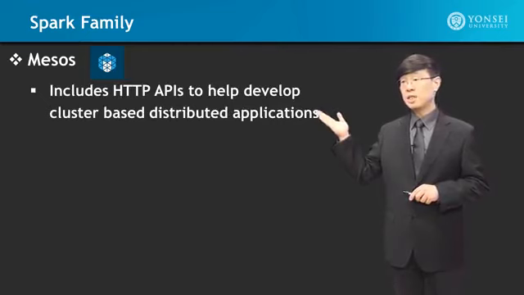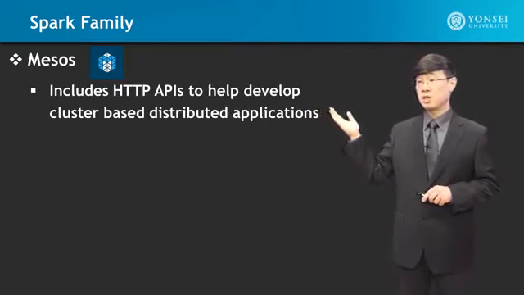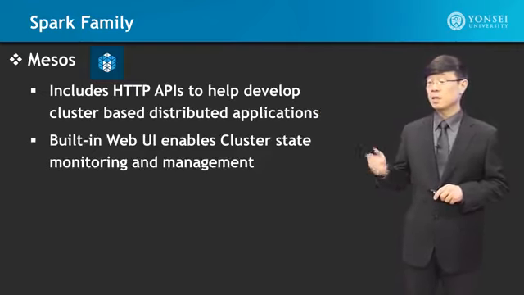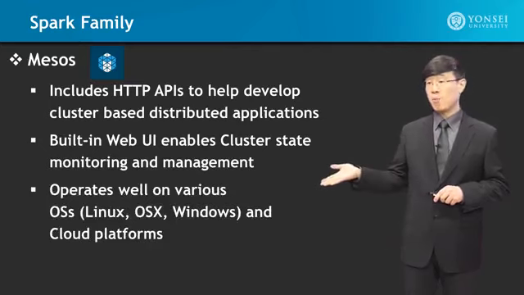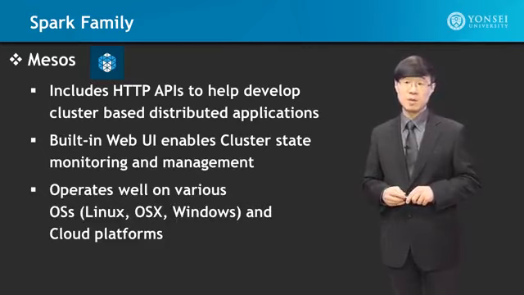It includes HTTP APIs to help develop cluster-based distributed applications. It also has built-in web UIs that enable cluster state monitoring and management. It operates well on various operating systems and cloud platforms, which makes it so powerful.